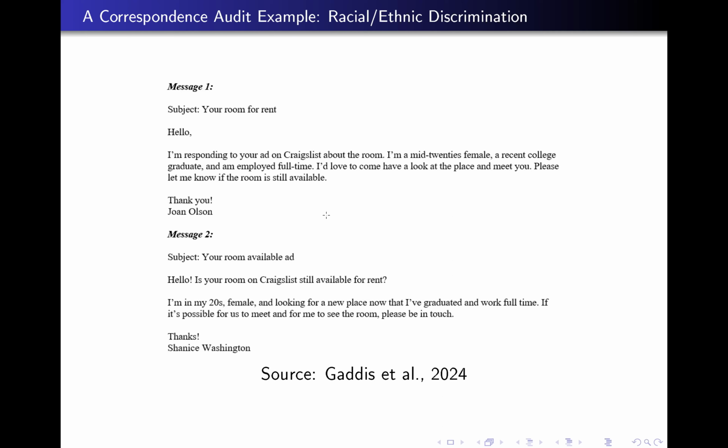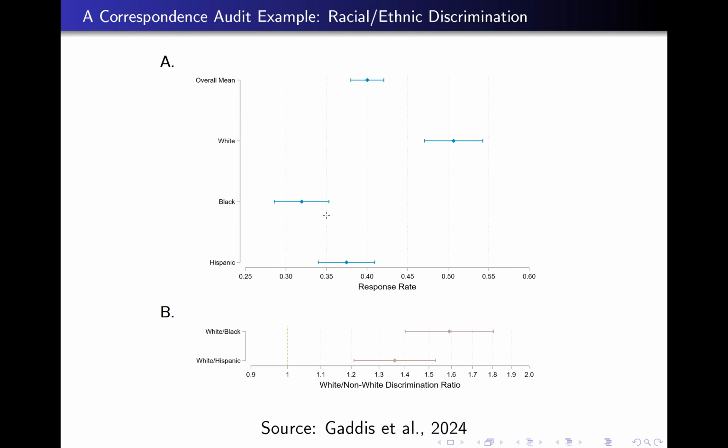So from that experiment, you can see that our outcomes end up being these response rates for different groups. I show you the overall mean and then the white, Black, and Hispanic groups here. And then we can convert these into essentially what's a relative risk ratio, but you can call it a discrimination ratio, because it's capturing essentially a metric that we could then compare across studies.